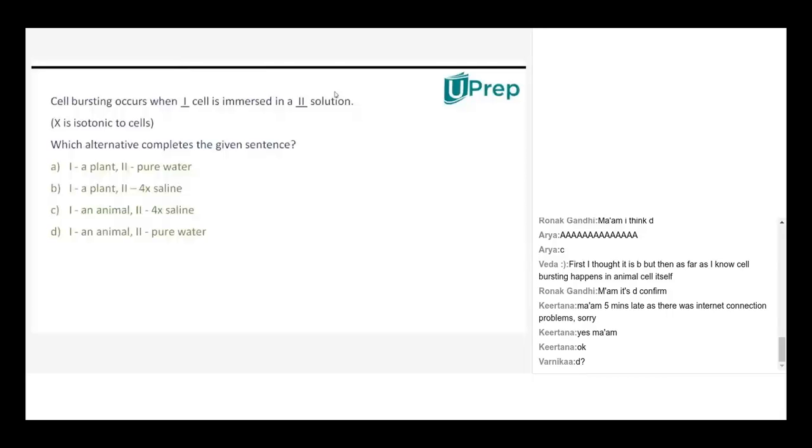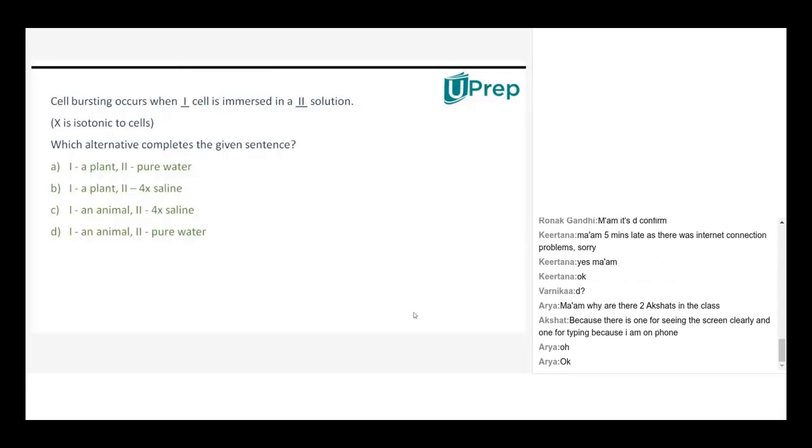Iso, the same concentration. Or saline. Saline is hypertonic. Hyper means more concentration. Saline is nothing but salt water. Again, more concentration. And pure water is bursting, isn't it? The cell bursts when it is kept in a solution which is higher than its concentration or lower than its concentration. Depends on the concentration of the solution.